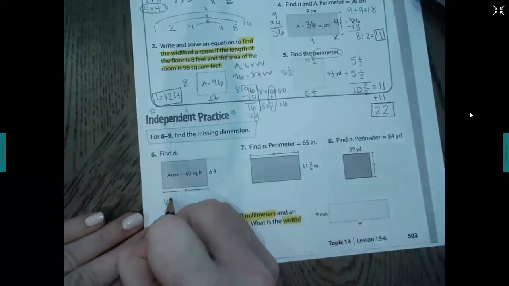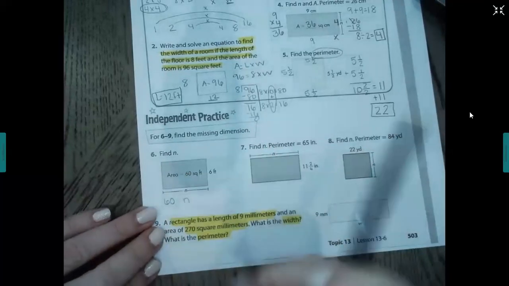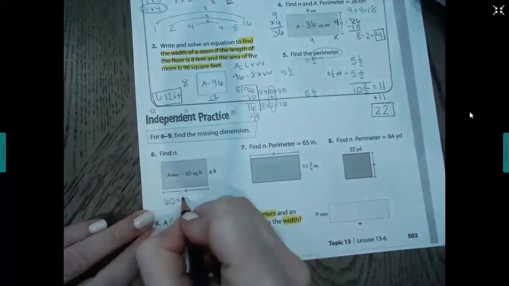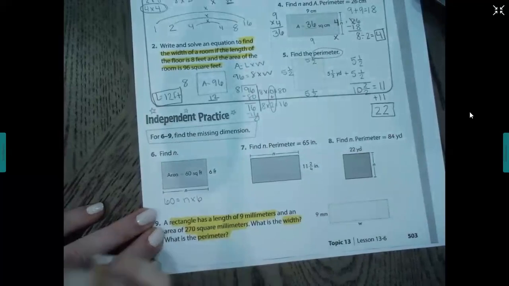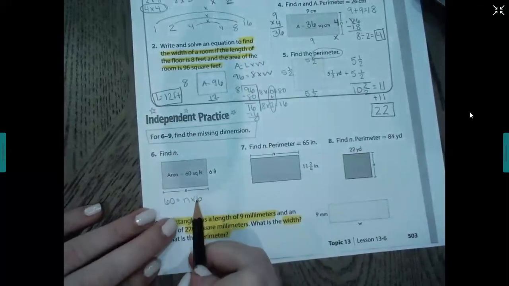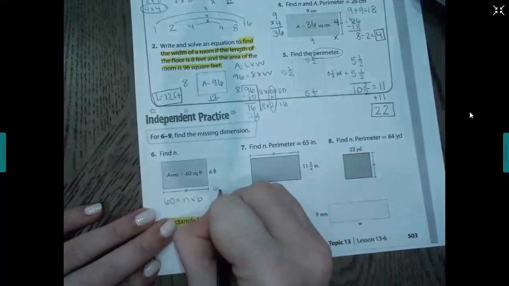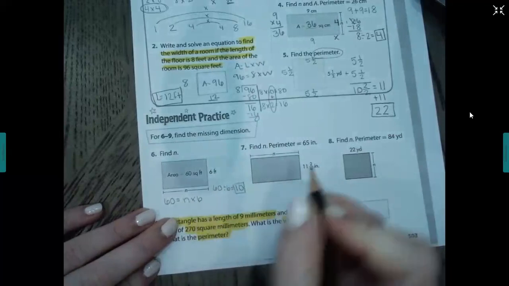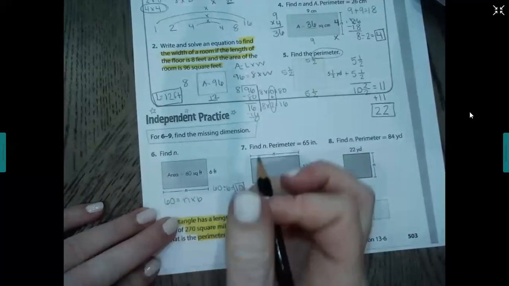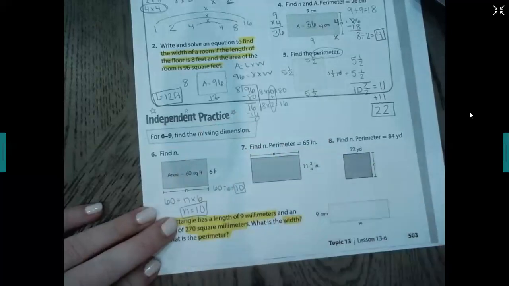That means that 60 equals N times 6. Well, what times 6 is 60? 60 divided by 6 is 10. So N equals 10 feet.